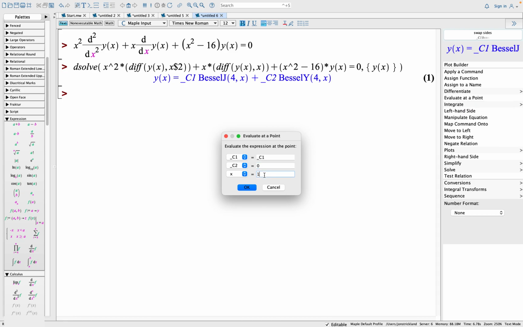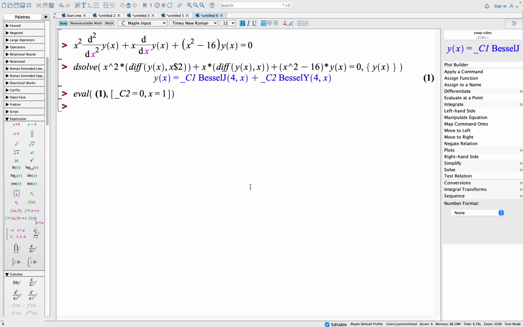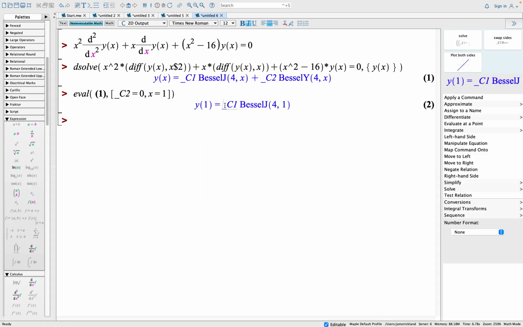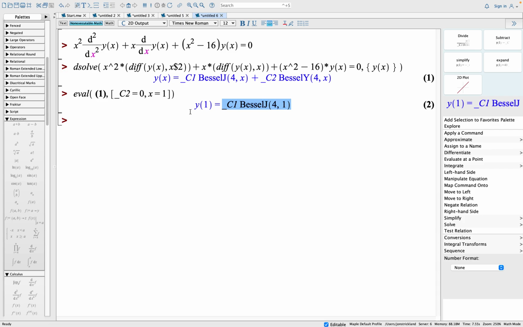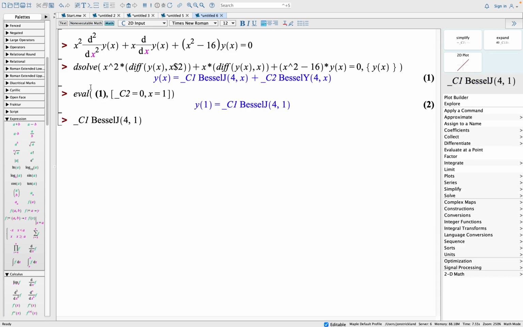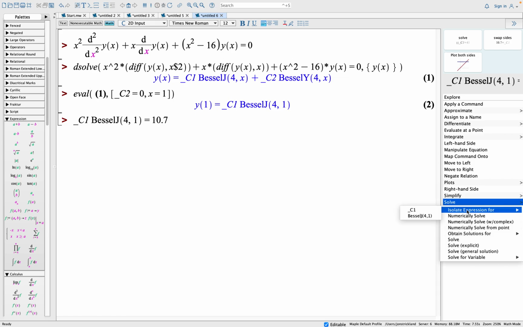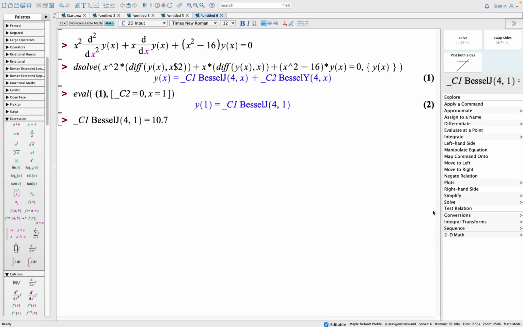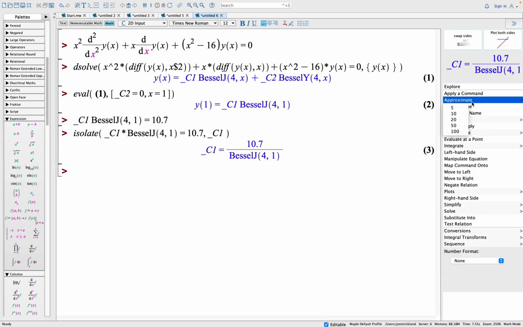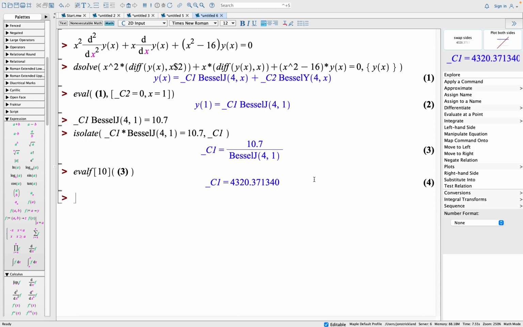I have the initial condition given whenever x is equal to 1, and if I look at solving for C of 1, we have y of 1 equal to 10.7, and approximating, I have this fairly large number.